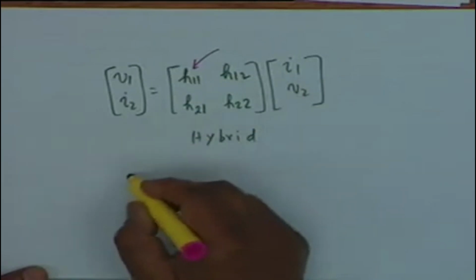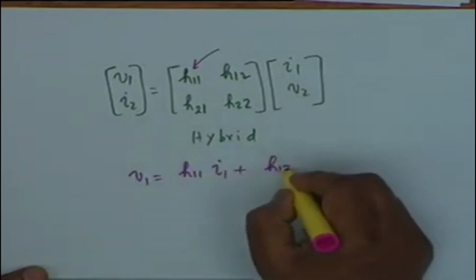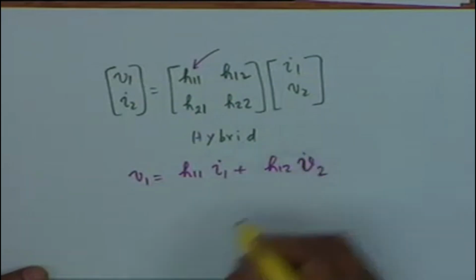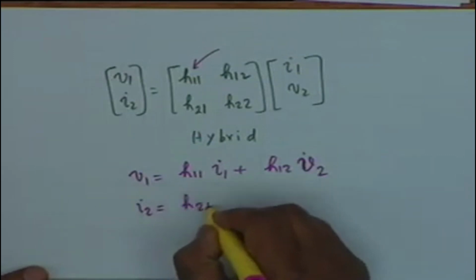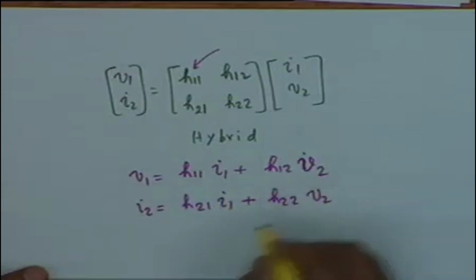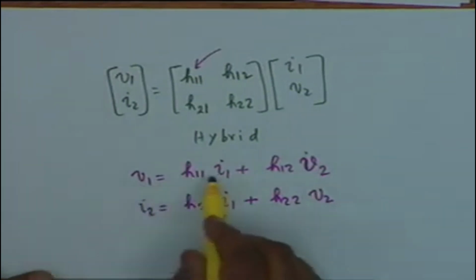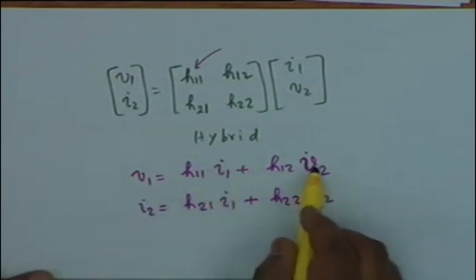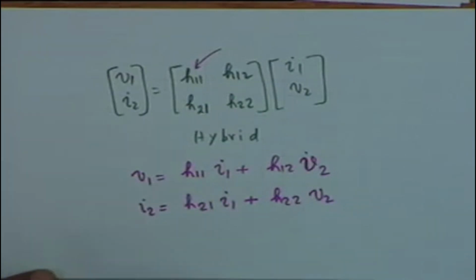All right. If I write this specifically, V1 equal to H11 I1 plus H12 V2, I2 equal to H21 I1 plus H22 V2, then you notice that H11 is simply V1 by I1 with V2 equal to 0, which means that H11 has the dimension of impedance.